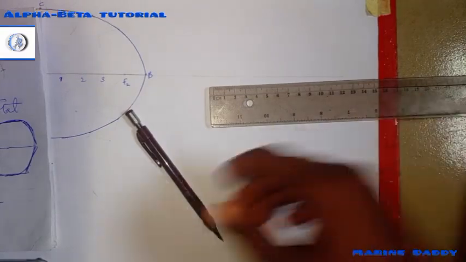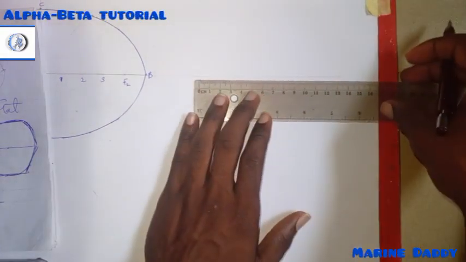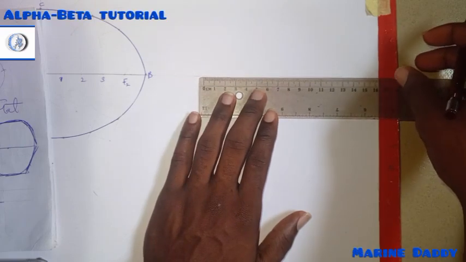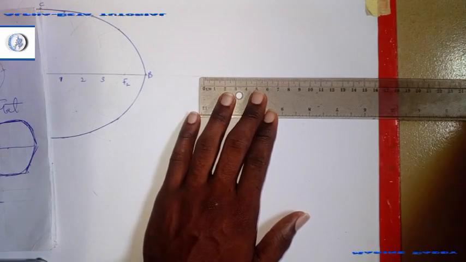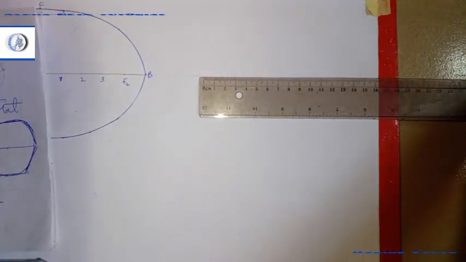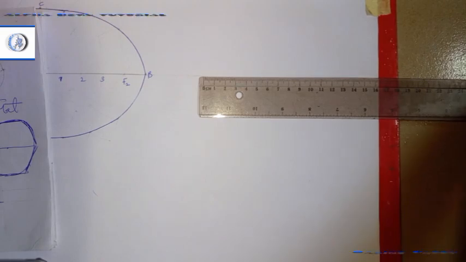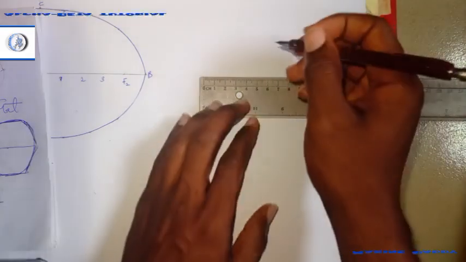Okay, we're asked to construct a polygon whose distance across corners is, let's say, 10 centimeters. So we're now asked to construct the polygon.